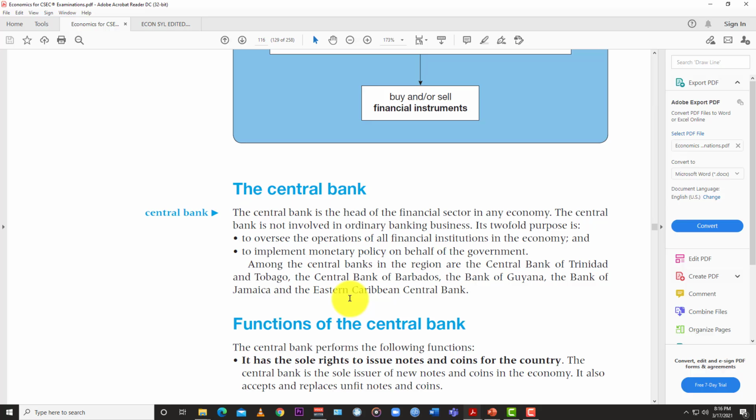But the thing is, one of the strongest central banks in the Caribbean happens to be this one right here, the Eastern Caribbean Central Bank. That is one of the strongest banks in the Caribbean, anywhere in the world, actually. It's a very, very strong bank. The exchange rate for one US dollar is about 2.71 EC dollars. In other countries, in Jamaica, it's way more than that.